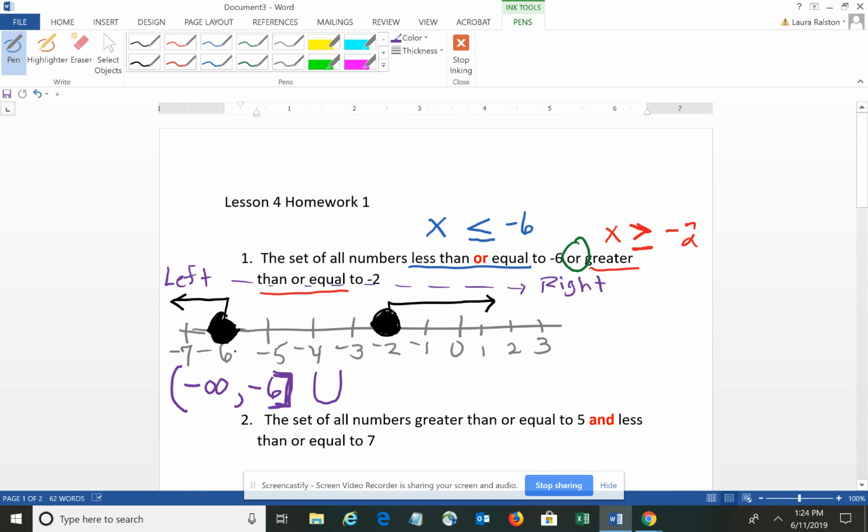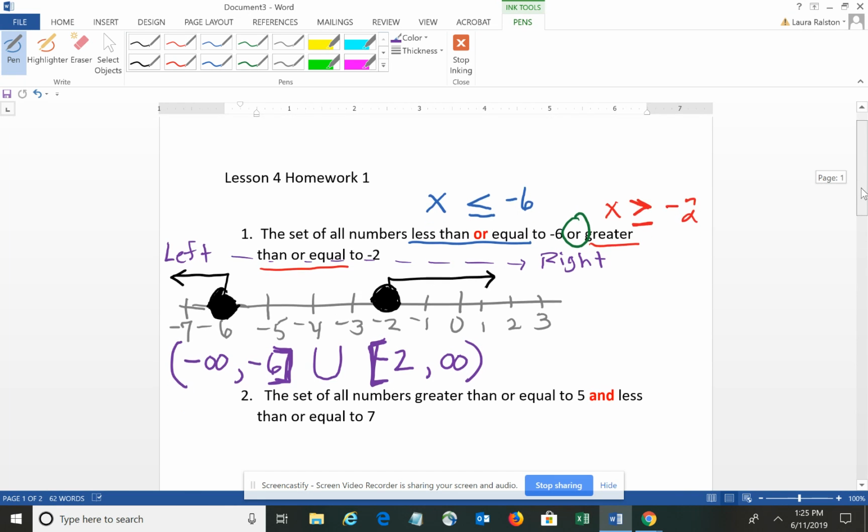Then we skip all these numbers from -6, so we can't use -5, -4, -3, or anything in between. We can then pick back up at -2, and it is again equal, so we use a bracket. Then we keep going forever to the right, so that goes to positive infinity. Always write your interval with the smallest number first, comma, the largest number. Okay, so there's interval notation.